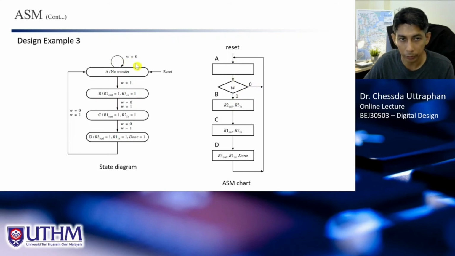When W equals 1, we go to state B. And in state B, we do R2 out equal to 1, R3 in equal to 1, exactly. After that, W equal to 0 or W equal to 1 is don't care. Both will force you to go to state C, because once you start the operation, you need to finish the operation. After that, you go back, right?